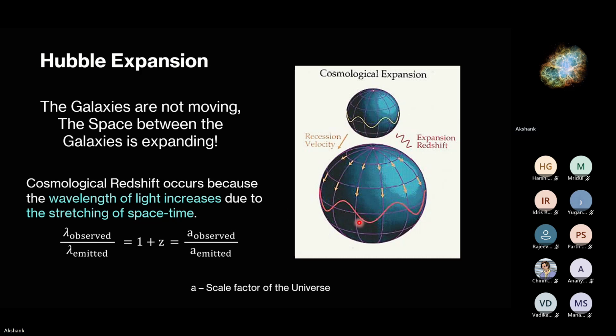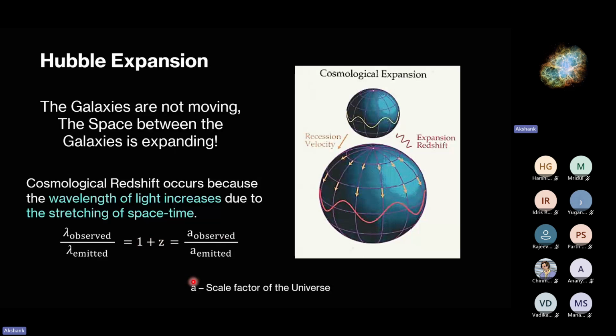As space expands, the wavelength of light emitted by the galaxy also expands while traveling through space. That causes the energy of the light to decrease, causing it to redshift. This increase in wavelength is denoted by z. This is your cosmological redshift.